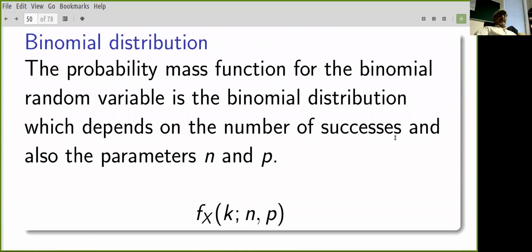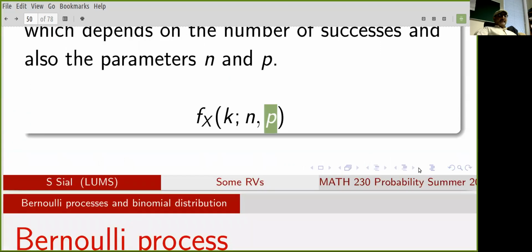Its PMF is characterized by k, the number of successes you get, n, the total number of trials, and p, the probability of getting a success in any given trial.